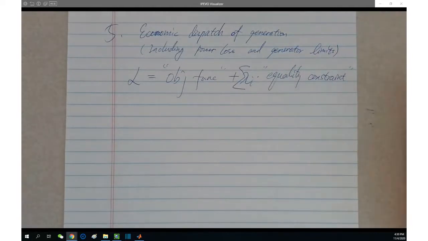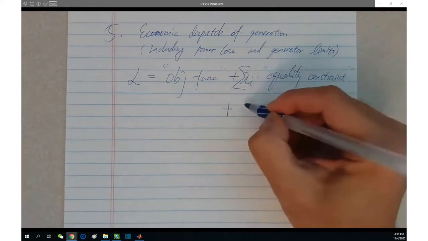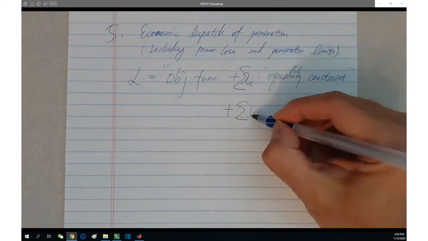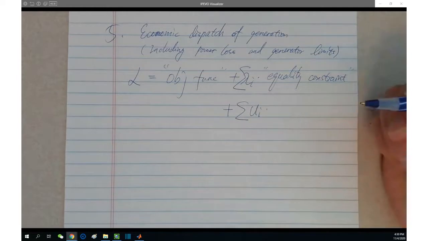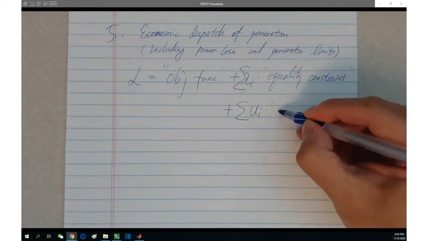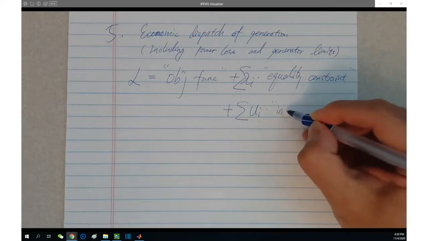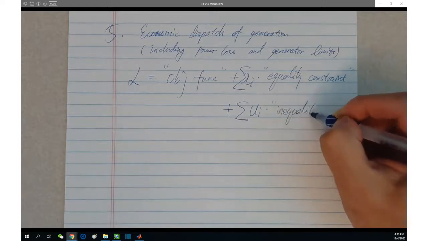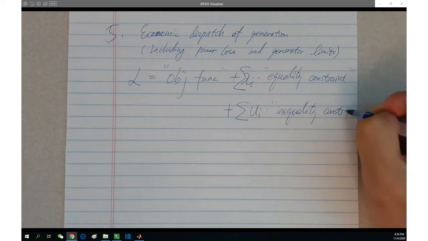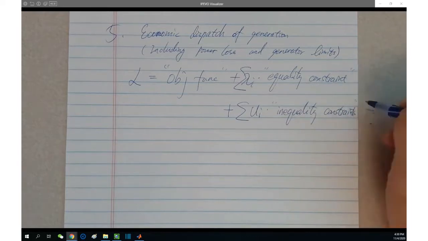And then plus a summation of another newly introduced unknown, mu I, times the inequality constraints. This is the original idea.